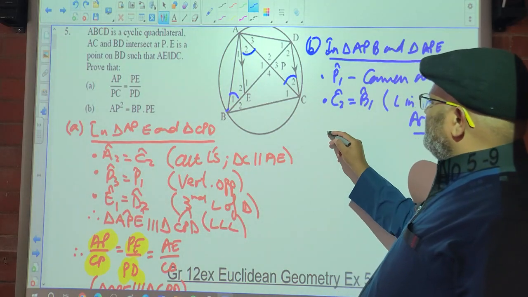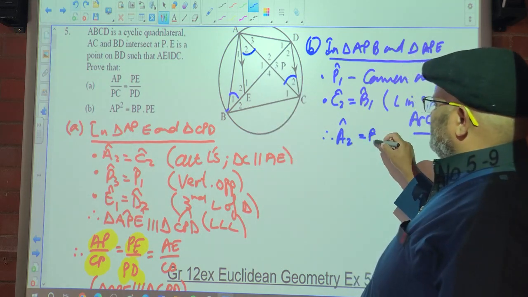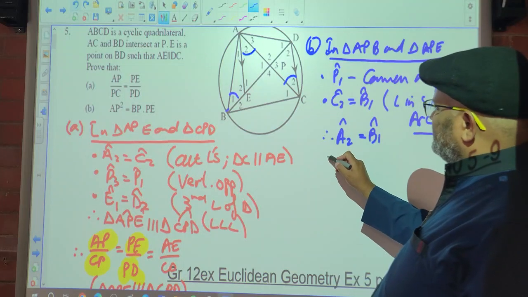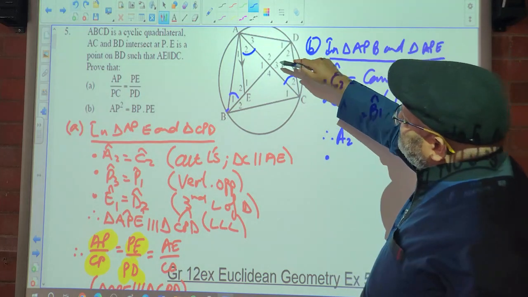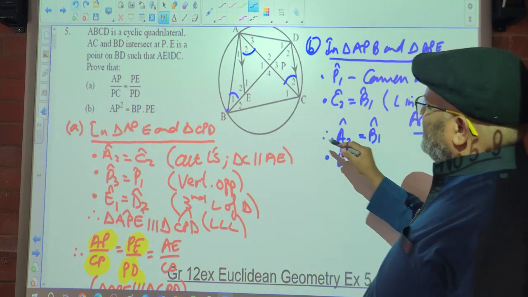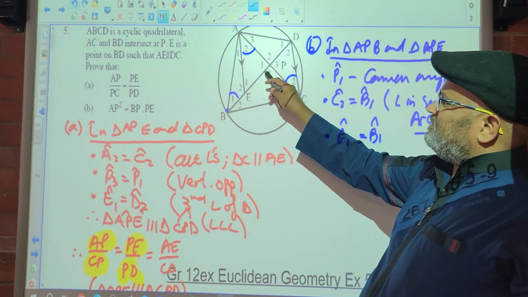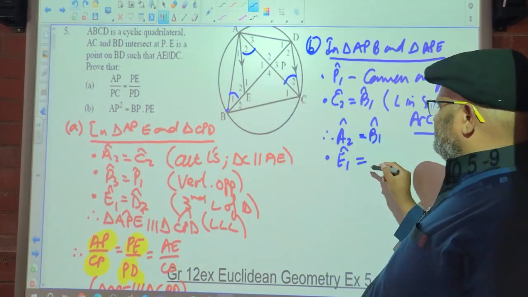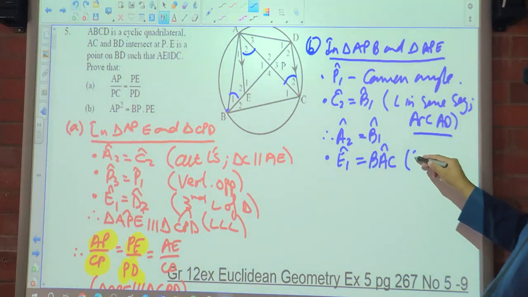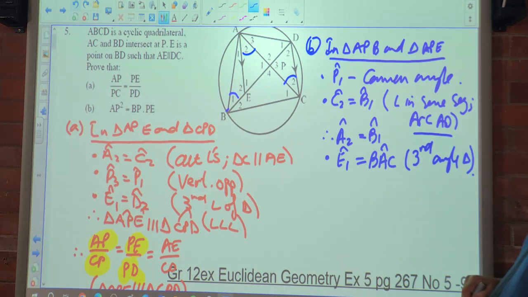So therefore, A2 has the same marking as angle B1. So the third angle now, in triangle APE, is E1, not so? So angle E1 in this big triangle, I've used B1, I've used P1, so it has to be BAP. Why? Because that's the third angle in the triangle.